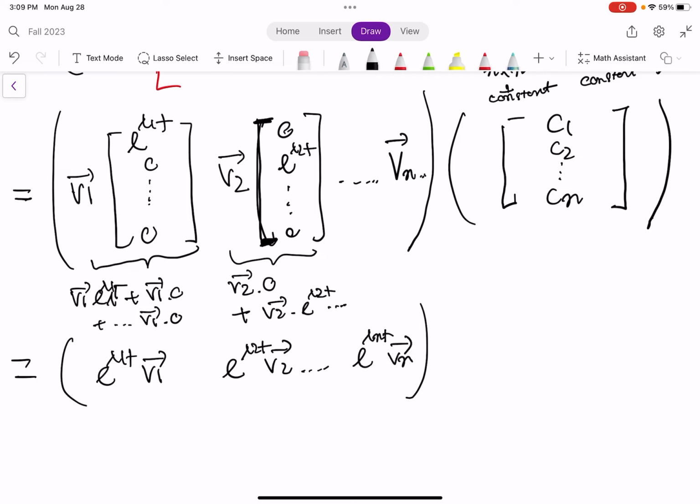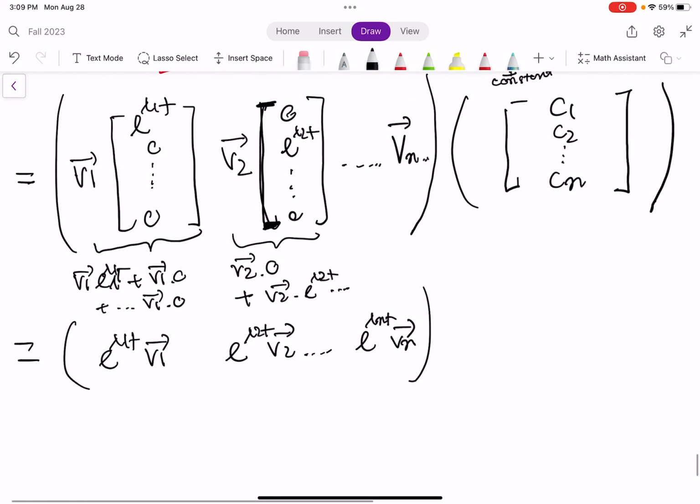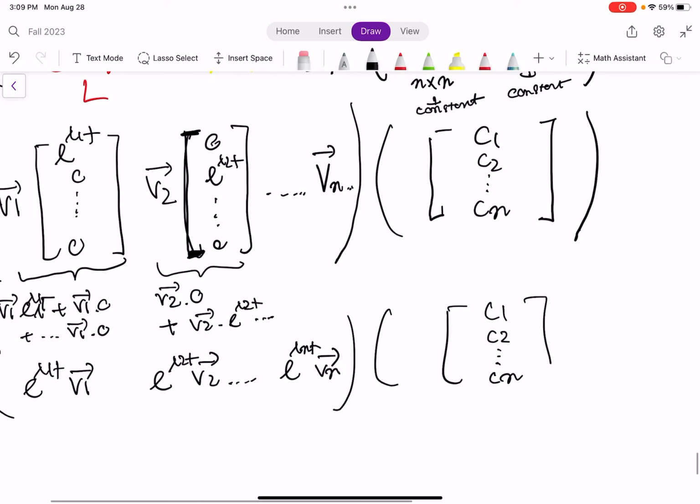Because basically, once you apply the matrix, you just multiply and add them. And this one just retains it, so C1, C2, all the way to Cn.